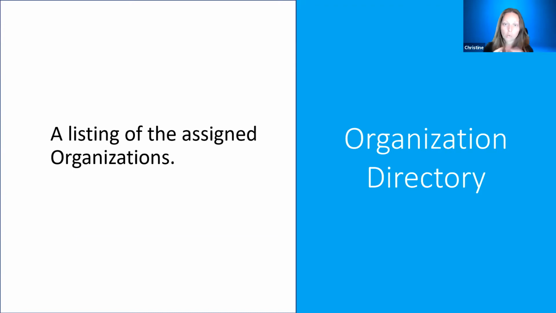You have to assign one of those for them to appear in the directory. The organization directory, again, is just the organization information, so what is found on the organization record. You can show the primary information as well: the first name, last name, and email address of the primary on organization records, only if you want to.